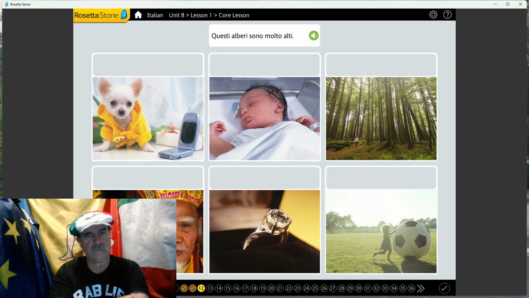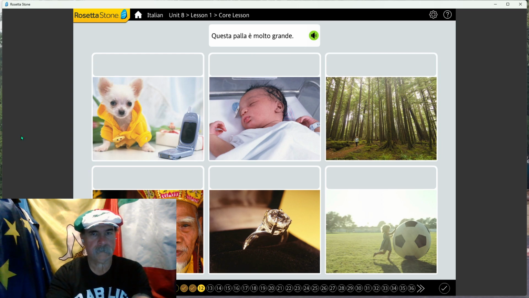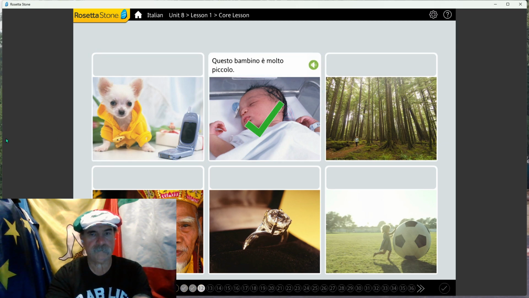Questi alberi sono molto alti. These trees are very tall. Questa palla è molto grande. Questa bambina è molto piccola. Questo bambino è molto piccolo.